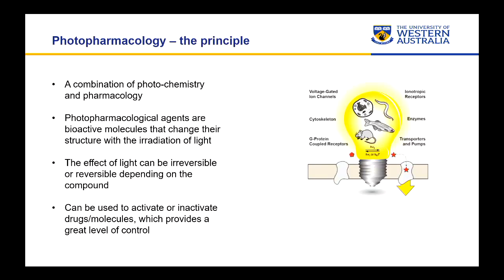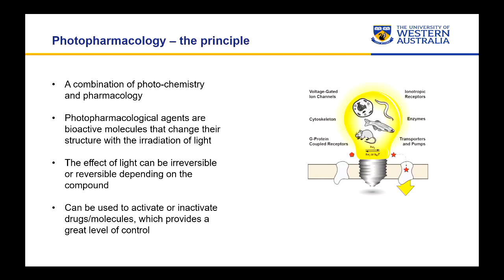The principle of photopharmacology is really the culmination of pharmacology, chemistry, and physics all coming together. Basically, it's the use of light to control bioactive molecules. We can use light to change the structure of these compounds when we put the light on them.